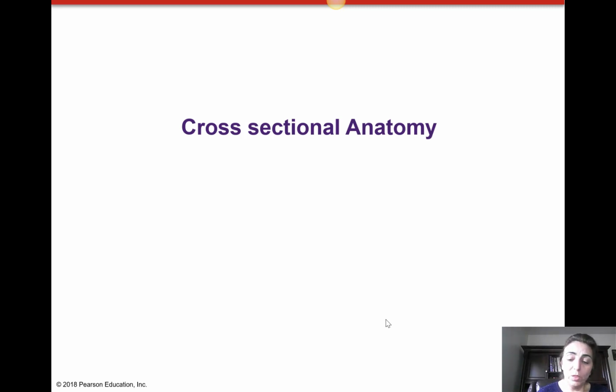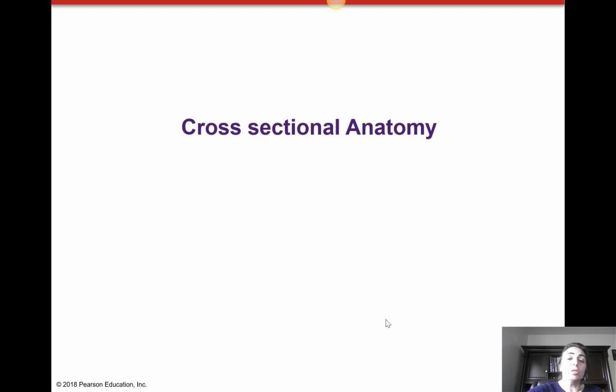cross-sectional anatomy. What does it mean, cross-sectional anatomy? Cross-sectional anatomy simply refers to the way that we study the body section by section. As we discussed about the cross-sections in chapter 1, the cross-sections or transverse sections or horizontal sections are the sections that we make parallel to the horizon, the horizontal line, right?